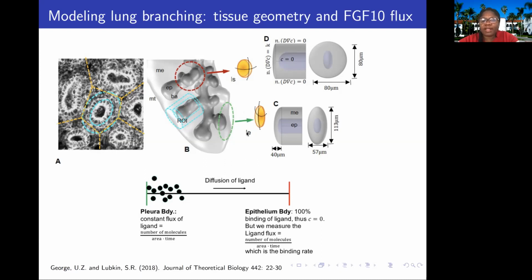So we have LE here representing the loop edge, and then LS representing the loop surface. ROI is the region of interest, BA represents the basal surface, EP represents the epithelium, ME is the mesenchyme, MT is the mesothelium.